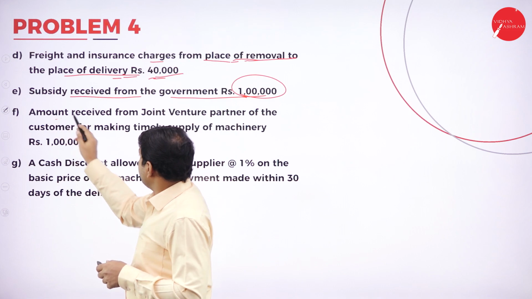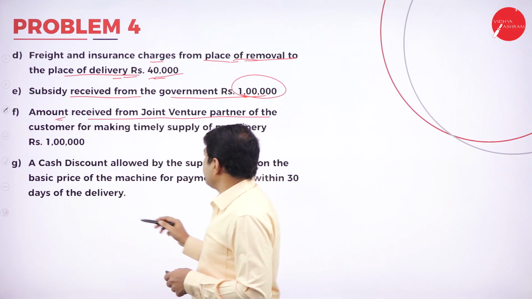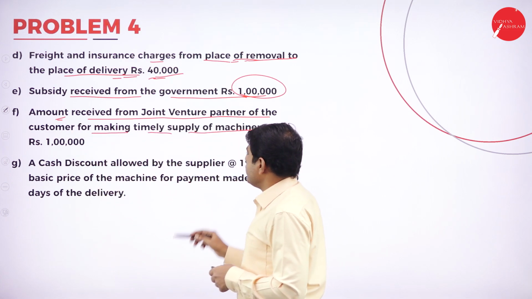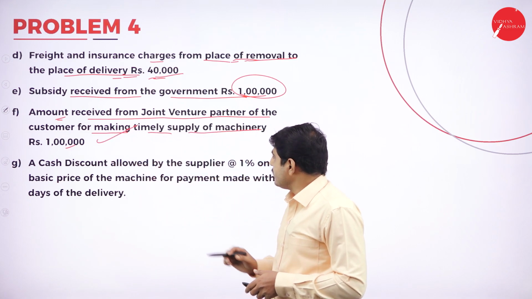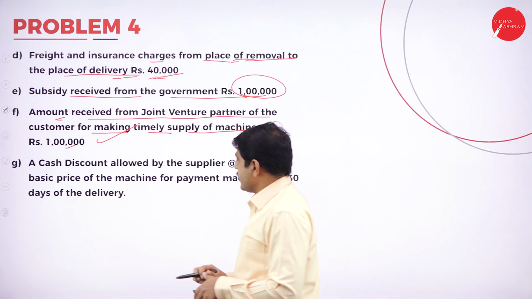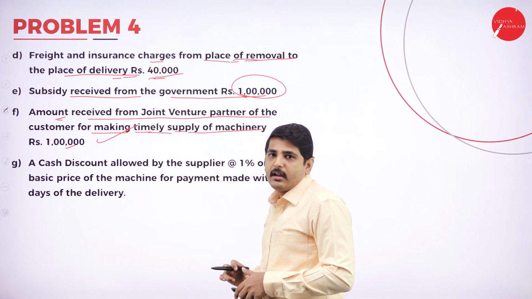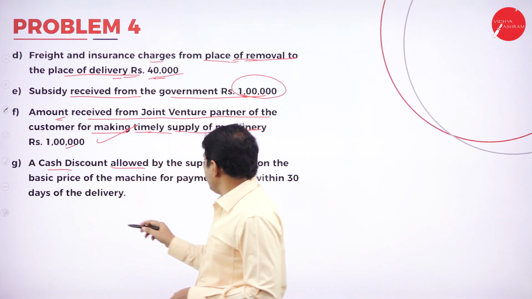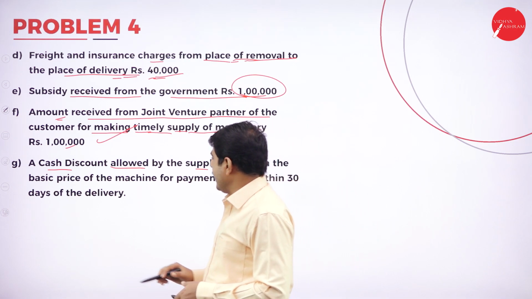Next one, the amount received from the joint venture partner of the customers for making timely supply of the machine is 1 lakh rupees. So we can take this amount because it is given by the joint venture partner of the customers for making timely supply. So this also we can add to the cost of supply. Next one, a cash discount allowed by the supplier, 1% on the basic price of the machine.